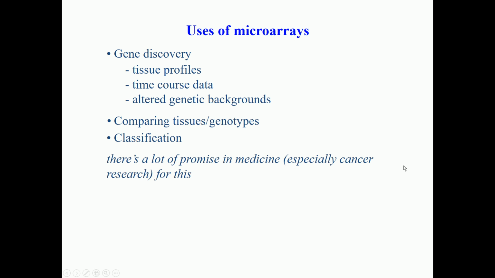As I said, microarrays can be used for diagnosis purposes. They can also be used for studying some basic mechanisms. You can do tissue profiles. You can check which genes are being expressed, so it has a lot of promise in medicine, especially cancer research.